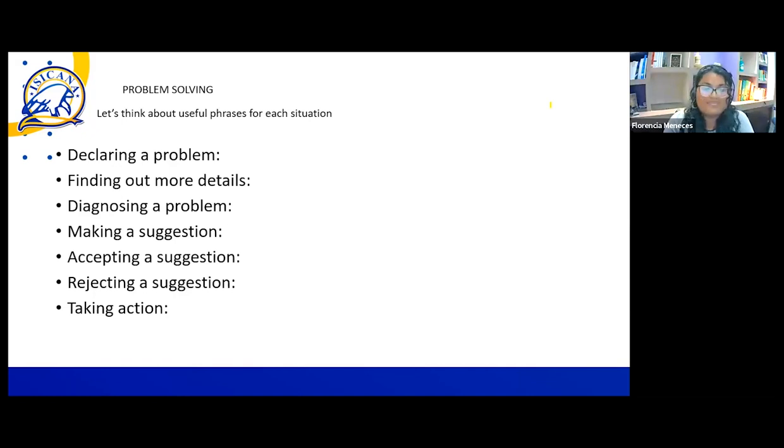So if they fulfill the task, that is to say, if they fulfill, for example, this idea of declare a problem, it's going to be with the phrases that we had to work. Any ideas? So which phrases do we use in order to declare a problem?